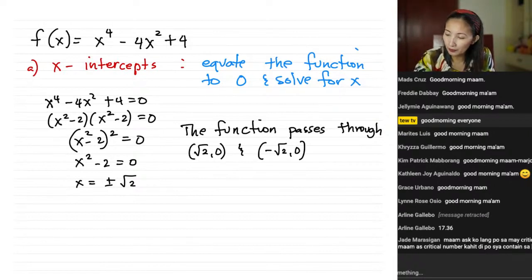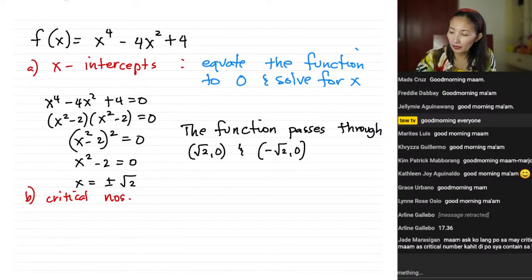Letter B. Find the critical numbers. Okay, critical numbers. How do we get the critical numbers once again? We take the first derivative. Get the first derivative f prime of x and then set it to 0. It's 4x cubed minus 8x.